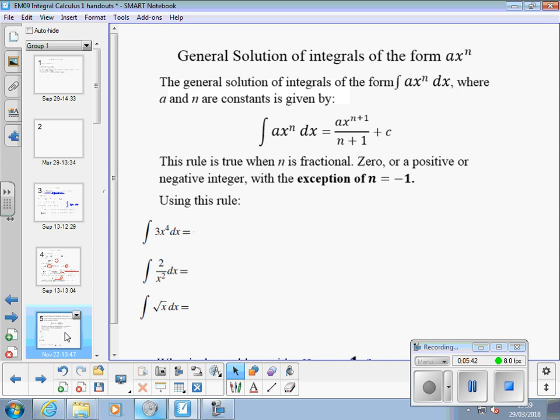The general solution of the integrals of the form ax to the n dx, where a and n are constants, is given by that formula there, and that's what you've got in your table. If you've got a function that's ax to the n, what we do is add 1 to the index and divide by the new index.